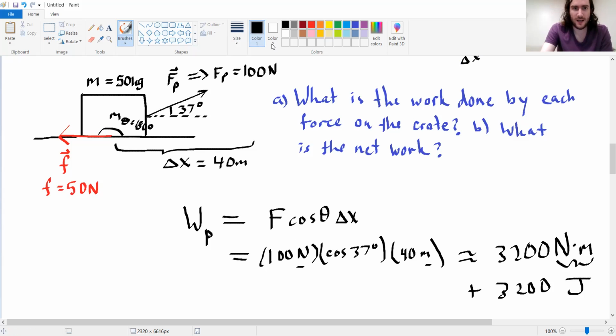Now, I didn't ask in chat, so let me go ahead and ask. What is the net work then? So add up all of the amounts of work that you calculated. Net work equal to. So add up the two answers that you got.